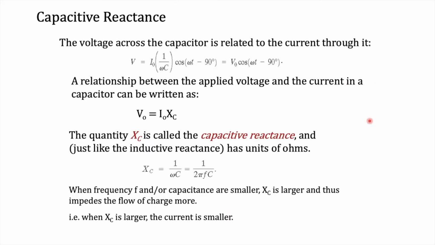And now there is something, this capacitive reactance, that changes the flow of the current in the circuit.